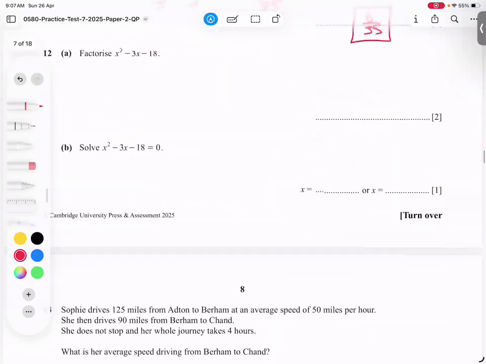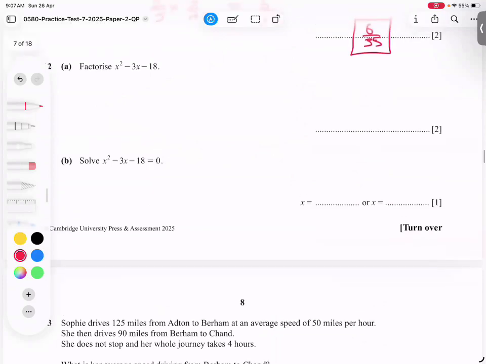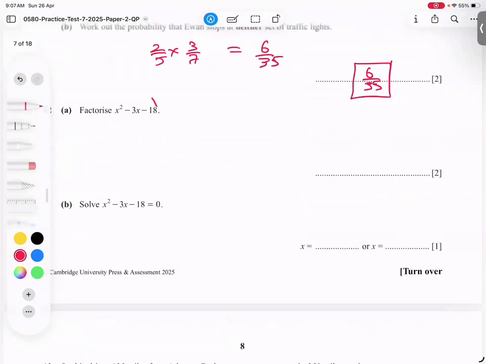Question number 12. We do factorization. So multiply the first and last term. We are getting here negative 18x squared. How to get it? The first two terms are copied, like x squared copy and negative 18 copy, and leave space for two terms in the middle. So 18, we have 9 twos are 18.